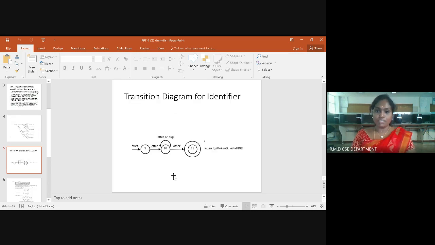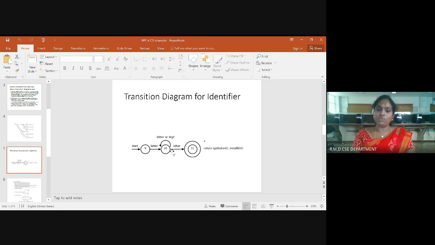One more example is the transition diagram for the identifier. What is an identifier? It starts with a letter, followed by letters or digits. Letters are alphabets A to Z, and digits are 0 to 9. The start symbol, the starting arrow, represents state 9. If it is a letter, it will go to state 10.